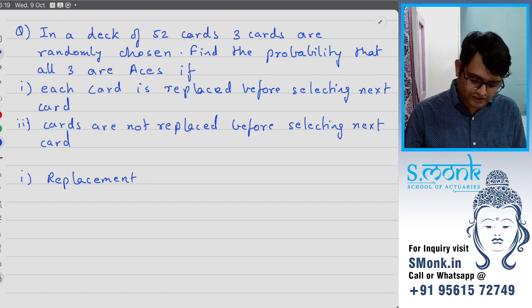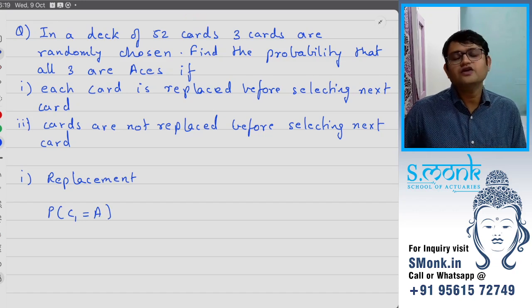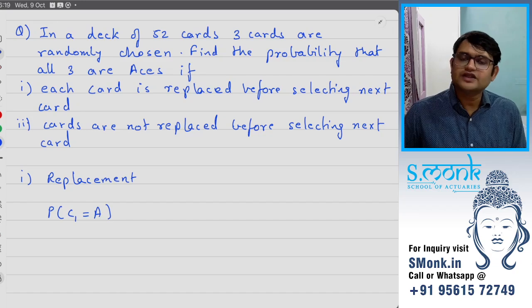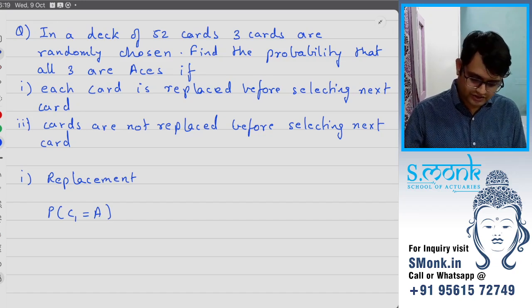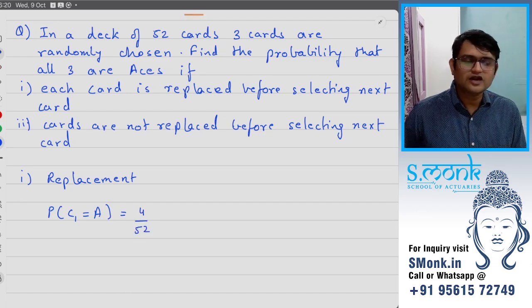Now if I want to calculate probability that card 1 is an ace, in the deck there are 4 aces. So there is a 4 by 52 chance that my card 1 is an ace.